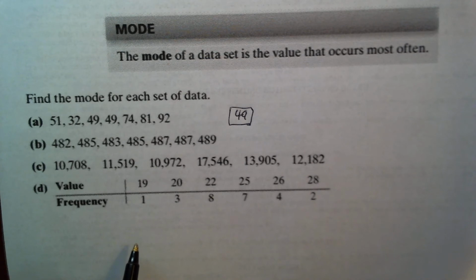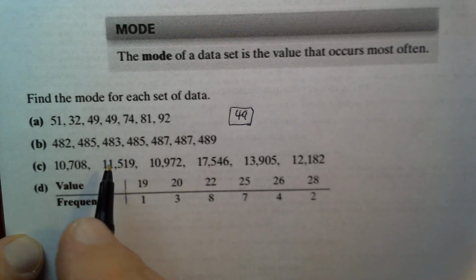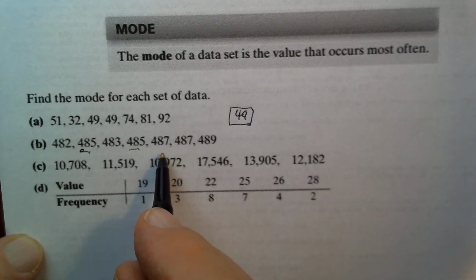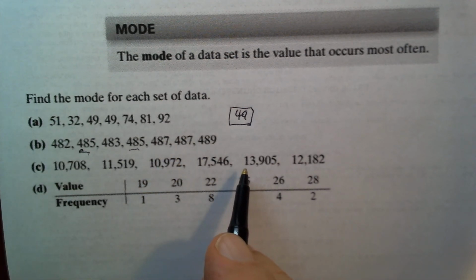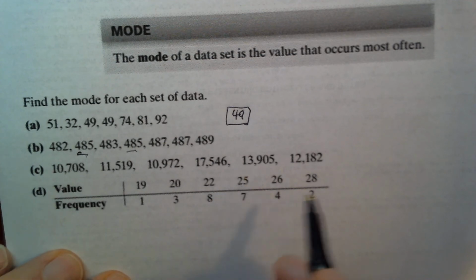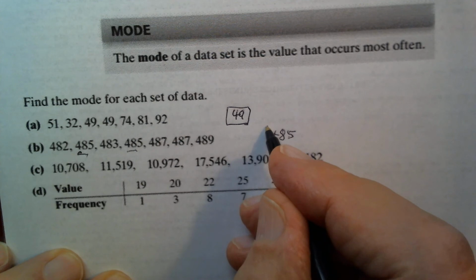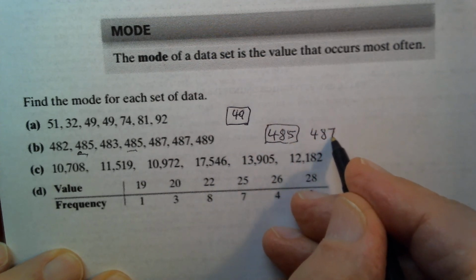Then we look at the next data set: 482, 485, 485. So 485 occurs twice, and then we have 487, 487. So in other words, this is a bimodal set. There are two modes, 485 and 487.